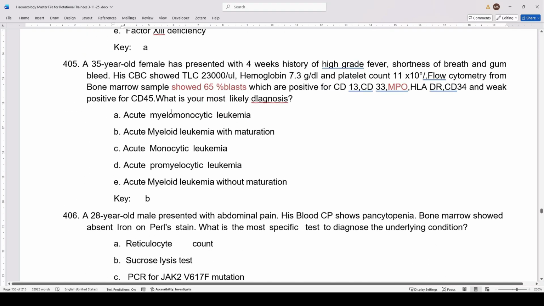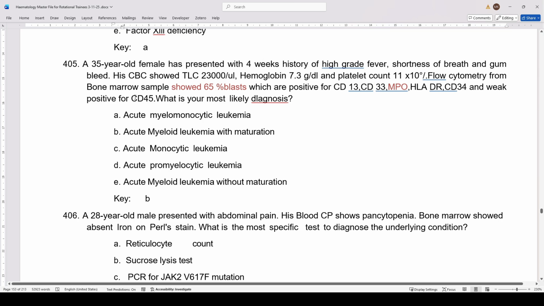Okay, next is 405. A 35-year-old female presented with a 4-week history of high grade fever, shortness of breath, and gum bleed. Her CBC showed TLC of 23,000, hemoglobin low at 7.3, and low platelets.